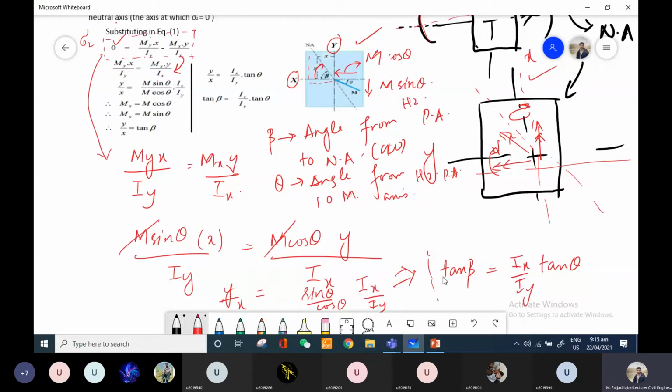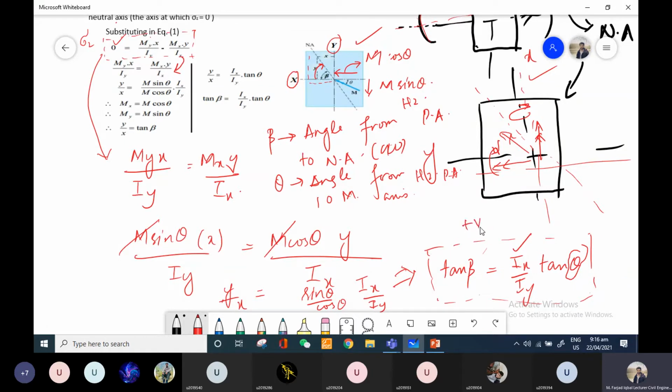Now this is the equation which I have developed for inclination of neutral axis. So if you are given the moment of inertia of the principal axis and the angle theta, which you can figure out easily in your question for resultant moment, then you can find out the orientation of neutral axis.